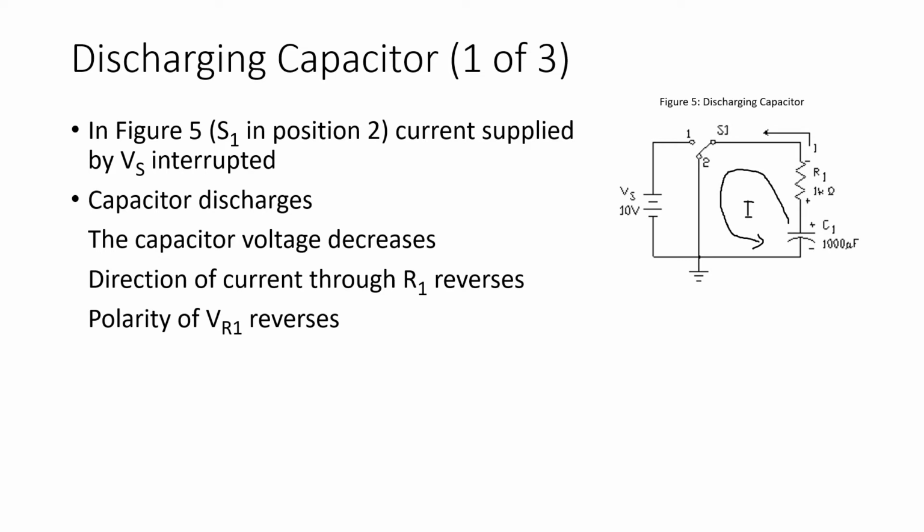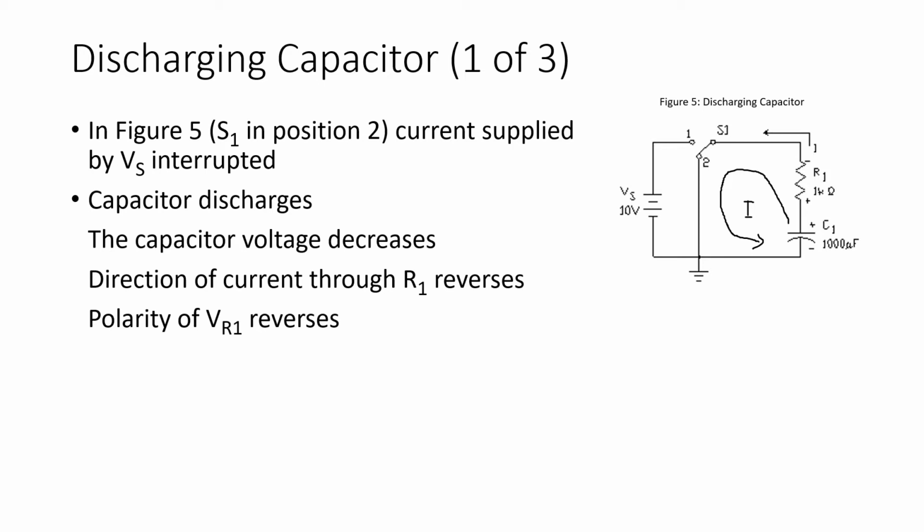As time elapses, the capacitor voltage will decrease, and probably more importantly, referring to the circuit of figure 5, note that the direction of current through R1 has changed. When the switch was in position 1, current flowed towards ground through R1.